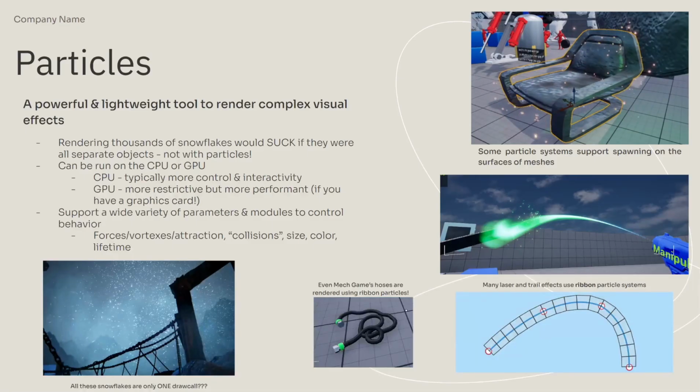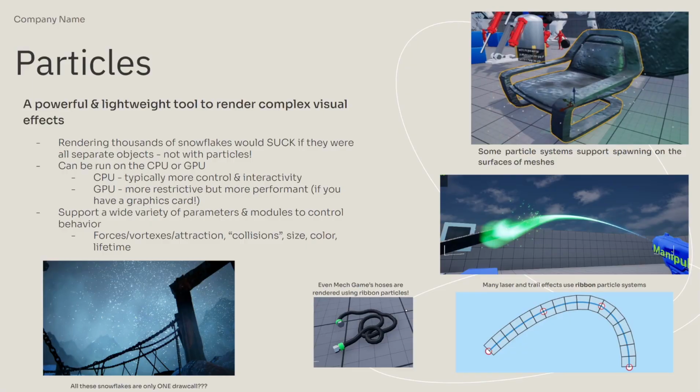If you have 1,000 game objects in your scene, one for each snowflake, that might cause Unity to have a tough time. But you can just have one particle system that spawns 1,000 snow particles, and that's just one draw call. It runs fine and it does exactly what you want. You don't have to take on all the overhead that game objects tend to consume.